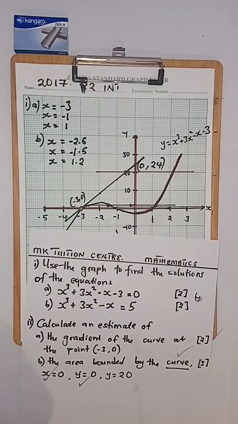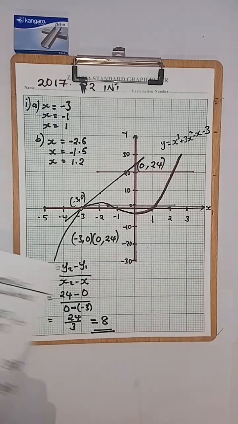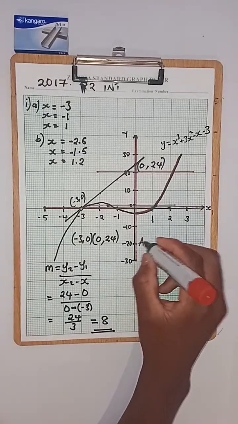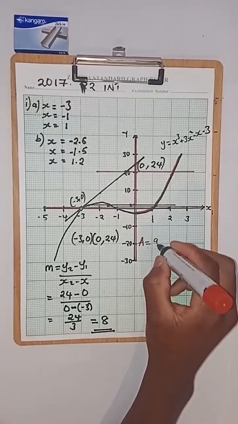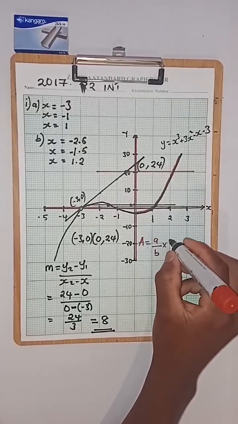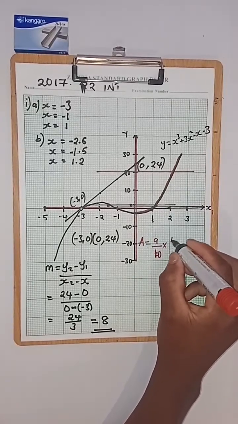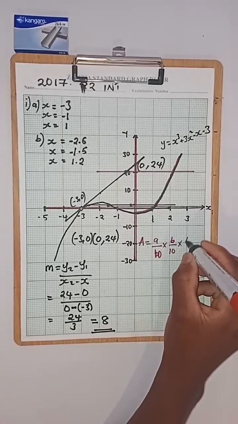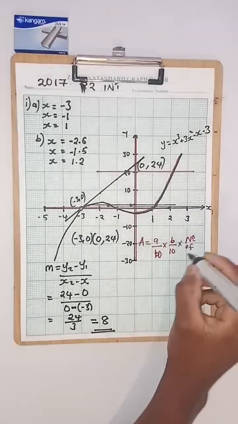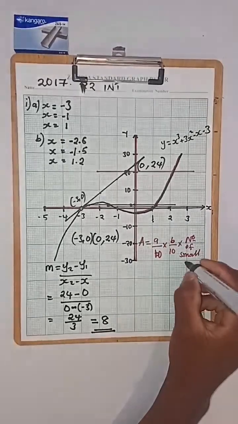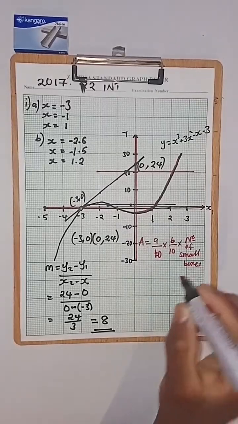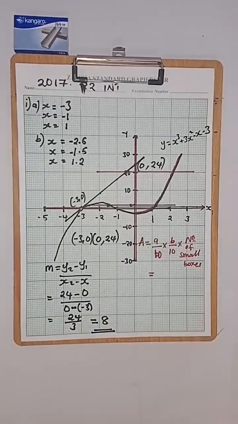Now look at this. Area has a formula. Area is equal to a over 10 times b over 10 times number of small boxes. Now you're going to say, where can you find your a?